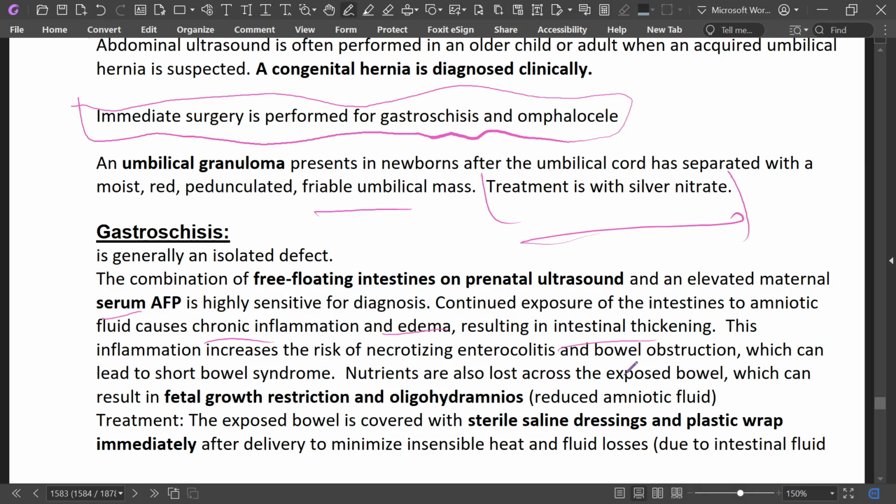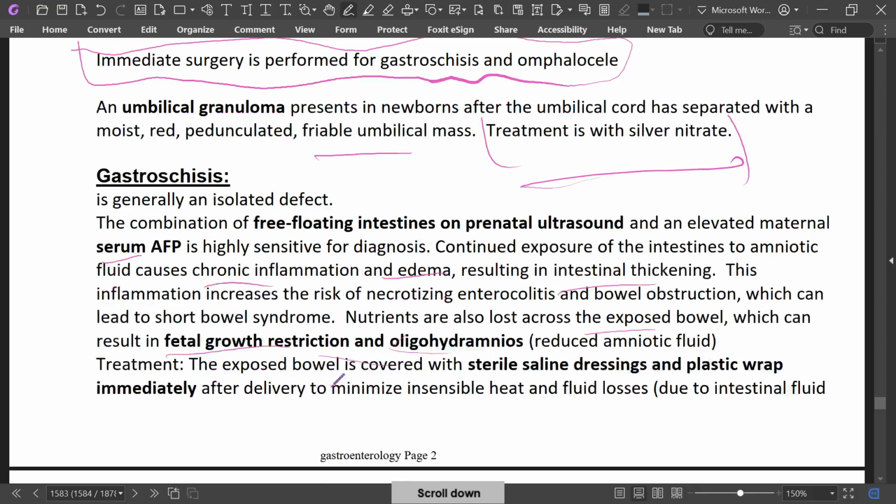Nutrients are lost across the exposed bowel, which can result in fetal growth restriction. So exposed bowel, nutrition loss, fetal growth restriction, and oligohydramnios.